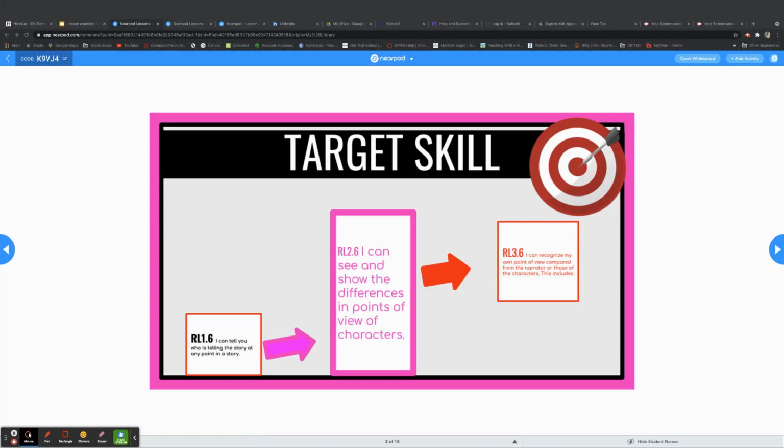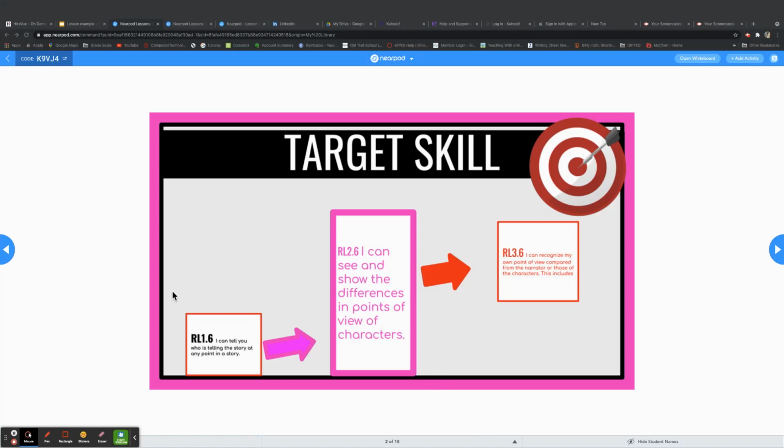Those two things go together to help us identify the differences in points of view of the characters. You have to see who's telling the story, which would be the point of view, and also you have to look into how they're feeling and things of that sort if it's told from different perspectives. We're going to look at that a little bit more today.